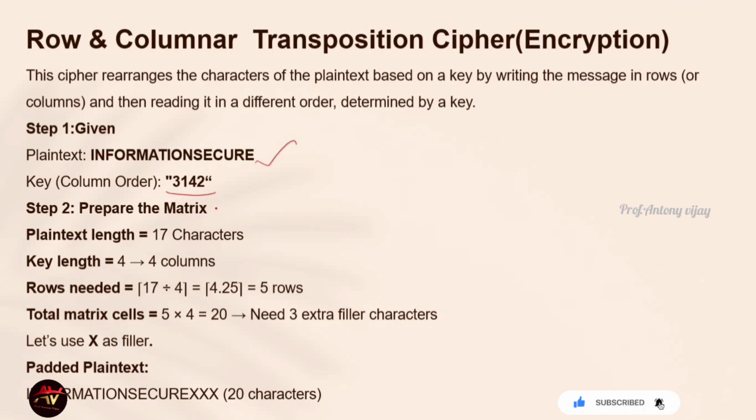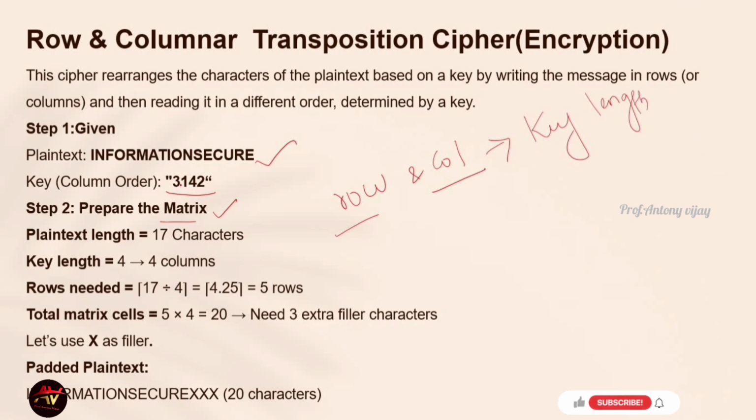In the next step we have to prepare the matrix. A matrix has rows and columns, so we need to know how many rows and columns to create. The number of columns is based on the key value, that is the key length. Here the key is 1, 2, 3, 4, so the key length is 4.